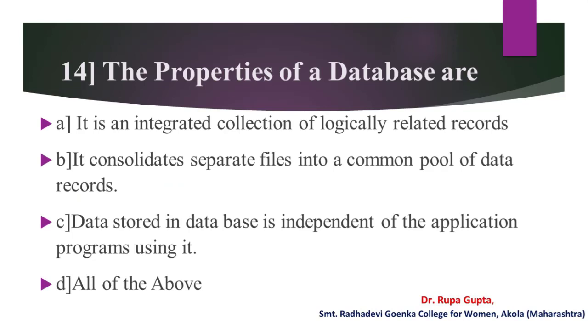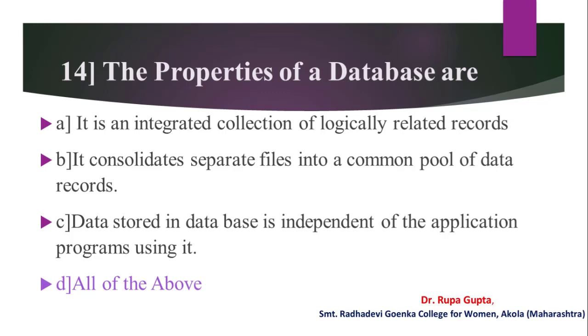The properties of a database are A. It is an integrated collection of logically related records. B. It consolidates separate files into a common pool of data records. C. Data stored in database is independent of the application programs using it. D. All of the above. And the correct answer is D.